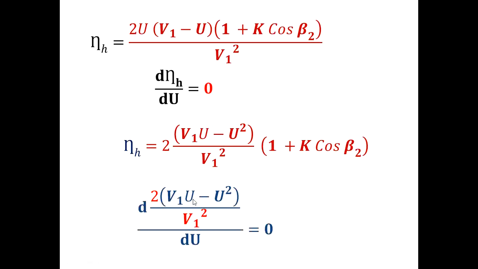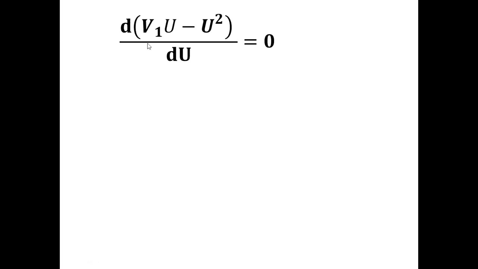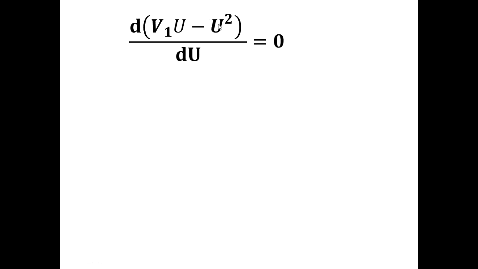Then differentiation of u(v1 minus u) gives v1 minus 2u equals 0, so v1 is equal to 2u, and u is equal to v1 by 2.